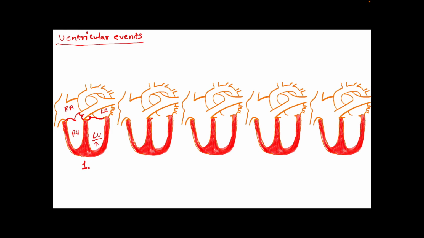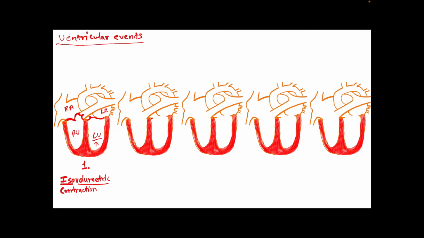So in this first phase, that is the isovolumetric contraction phase, the name isovolumetric means there is no change in the volume. Here all four valves are closed, both atrioventricular valves and both semilunar valves.